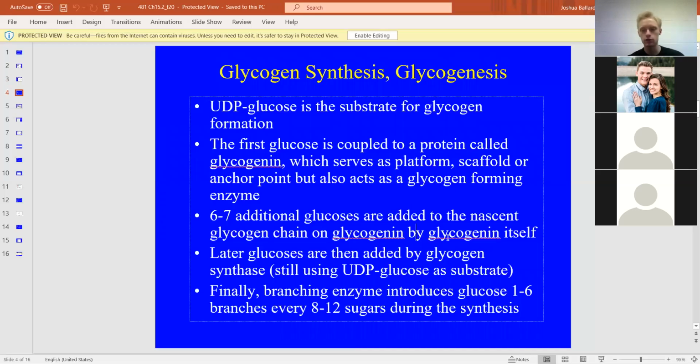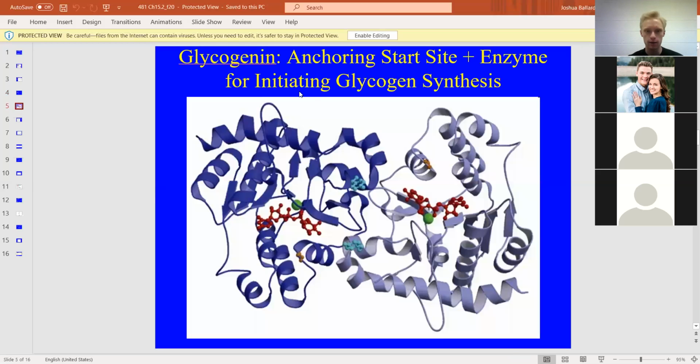Sometimes glycogenin can also add glucose molecules itself. And then later glucoses are added by glycogen synthase, which is an enzyme which builds up the storage. And we already know this from our earlier slide. This is a depiction of glycogen, and you won't have to know secondary structures or anything like that.